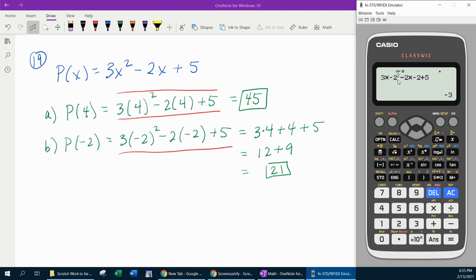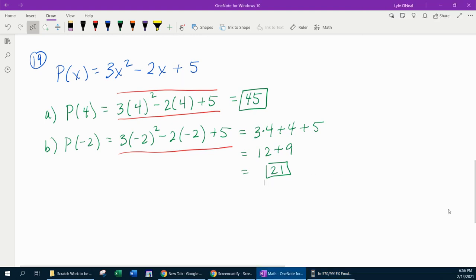It's because that negative 2 squared there, it's not actually squaring negative 2, it's squaring the 2 and then making that negative. So the correct way to input this would be 3 times negative 2 squared, like so, minus 2 times negative 2 plus 5. And we get the correct answer there.